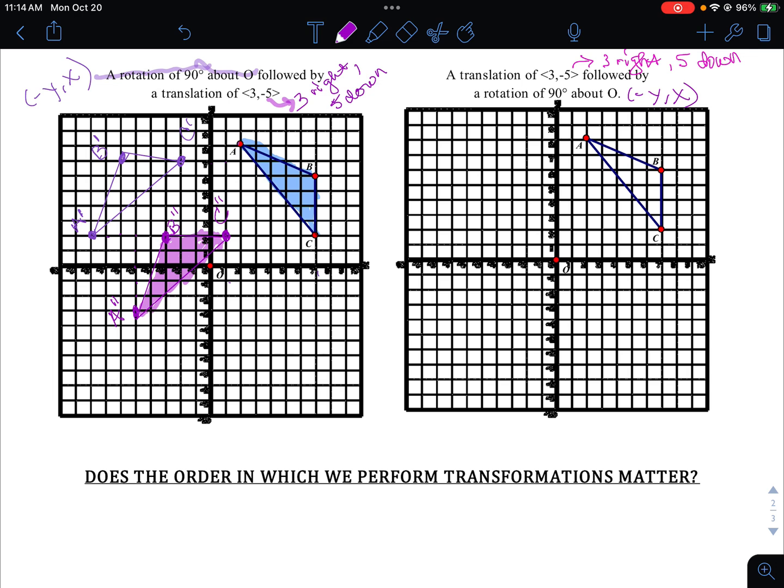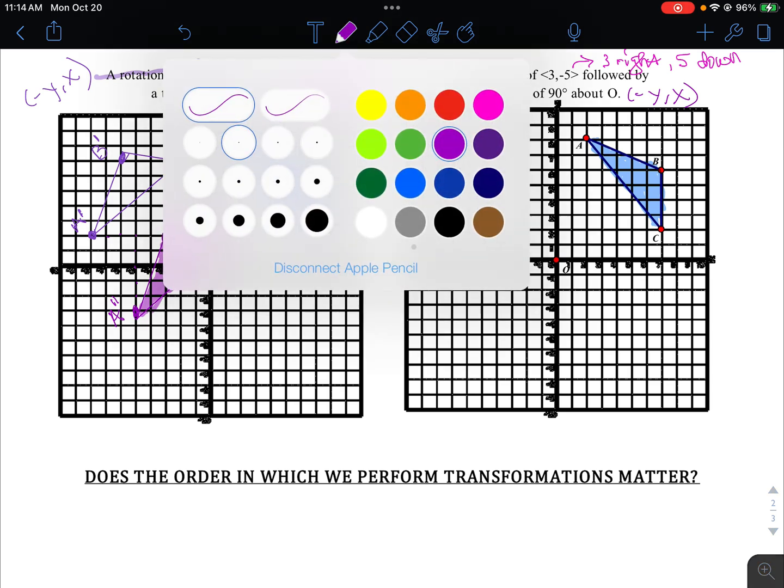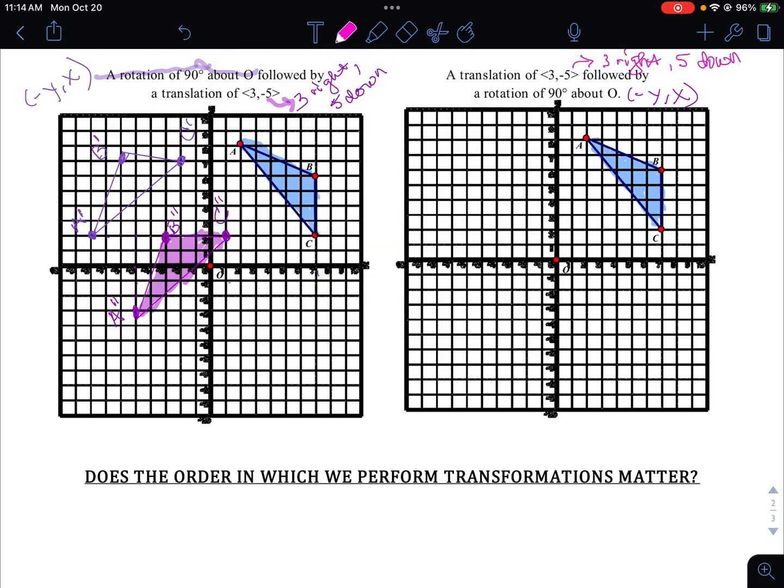(x, y) to (-y, x). All right, so here is my pre-image, same pre-image as we had before. The only difference is we're switching the order of the transformations. So 3 right, 5 down. 1, 2, 3, 1, 2, 3, 4, 5. So here is C prime.